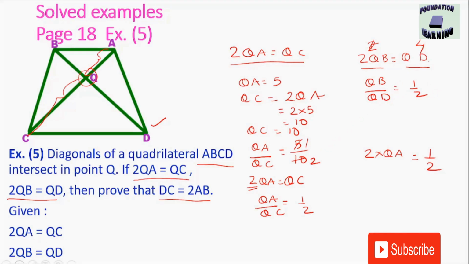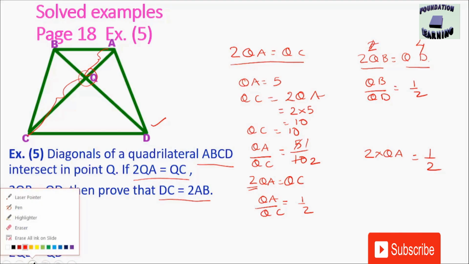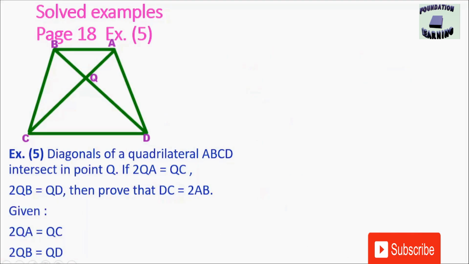So what are the ratios we have got? We have got QA upon QC equal to half, the first equation. The second equation is QB upon QD, also equal to half.